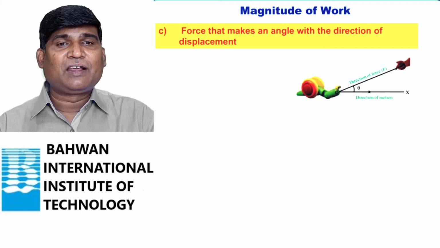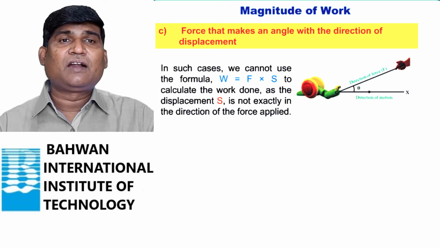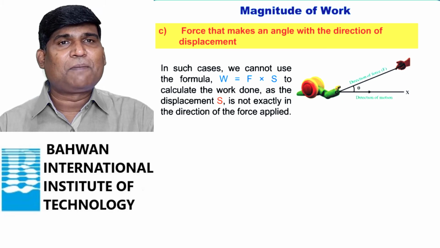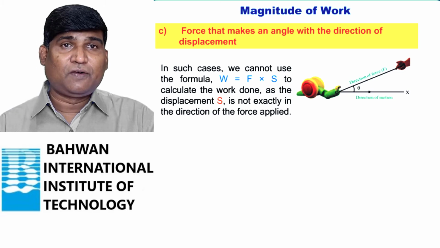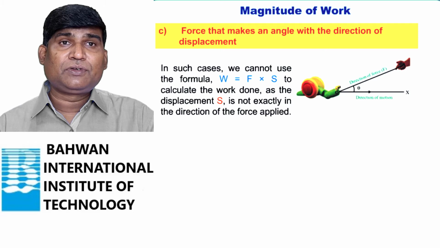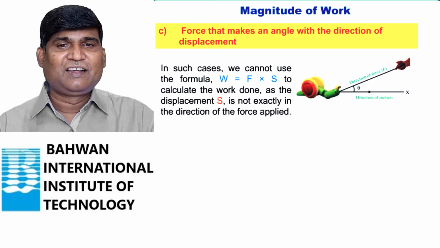Then how can we calculate this work? In this case, work done we can take as force into displacement into the cosine of the angle between applied force and displacement. How are we getting that? That we'll see. By using W is equal to Fs, we cannot get work in this case.